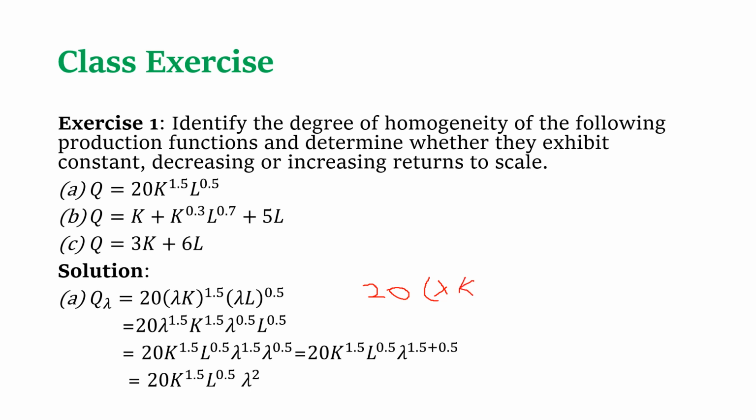That's how I increase the input, right? And then raised to the power 1.5. Now remember, we have to put this same exponent up there, and then we do the same thing for labor. You want to increase labor by the same amount, which is lambda, right?